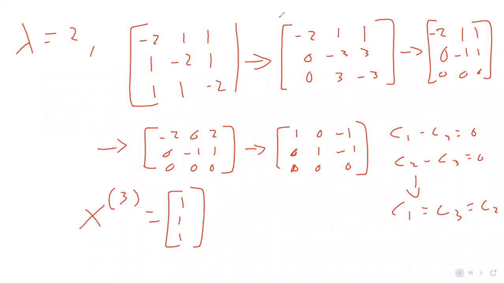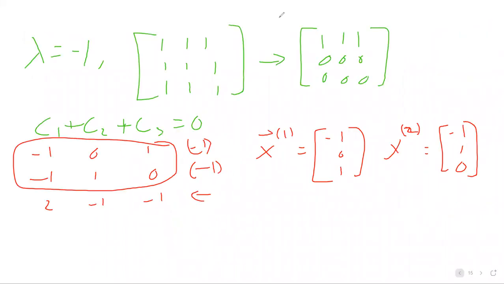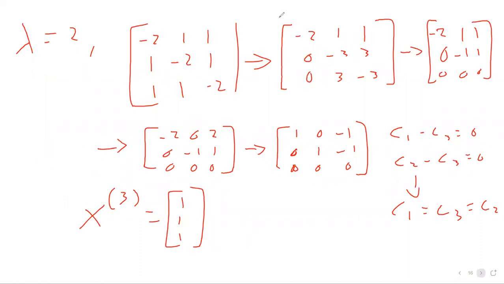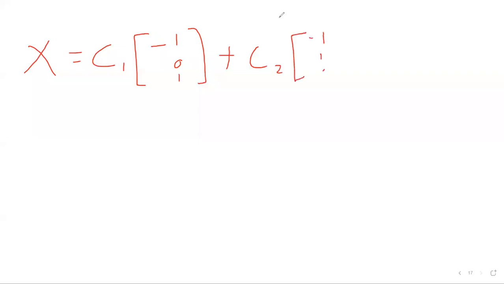So for this solution, and by the way, going back, those should be vectors. Our overall X matrix will be C1, and what do we say one was? -1, 0, 1, plus our C2, -1, 1, 0, plus our C3, 1, 1, 1.